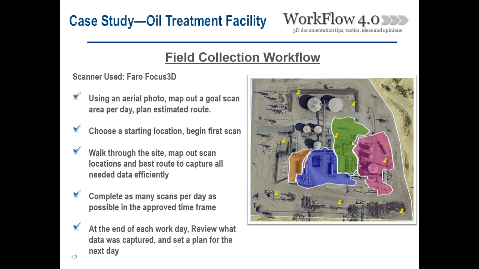During that first scan setup, depending on your quality and resolution, you'll have 3 to 10 minutes of a window that you can continue mapping out your locations for the next scan setups while that first one is going. And this helps you maximize your scans.